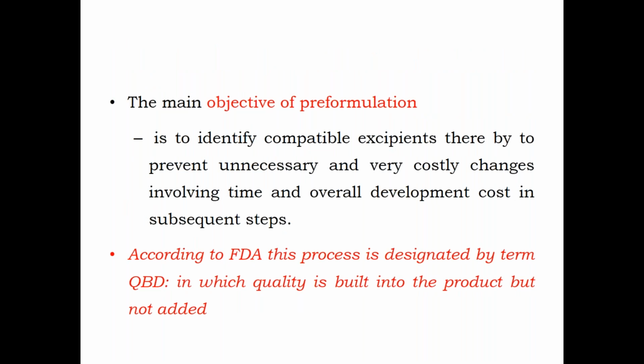It is required very much to minimize the expenses incurred or the overall time we waste unnecessarily to identify the excipients. So drug excipient interaction has that advantage, and ultimately you get a stable product out of all these pre-formulation studies.